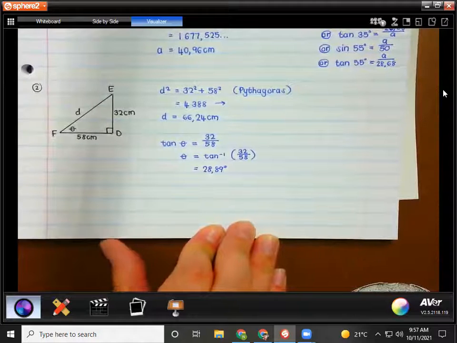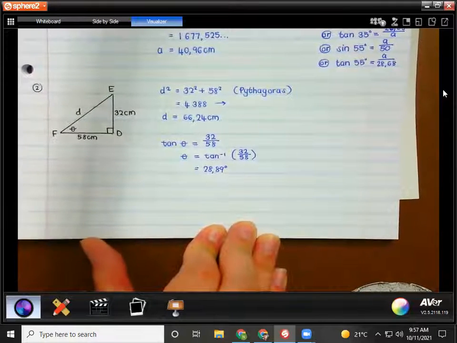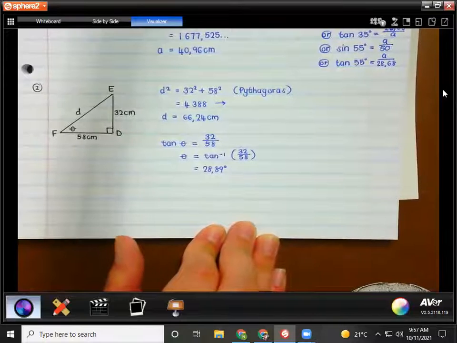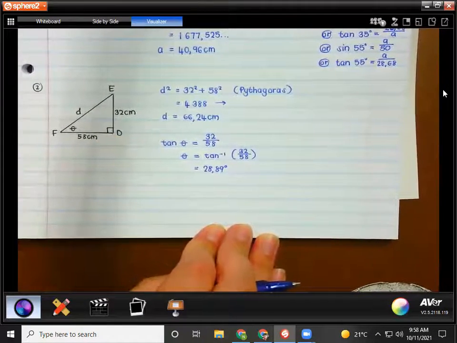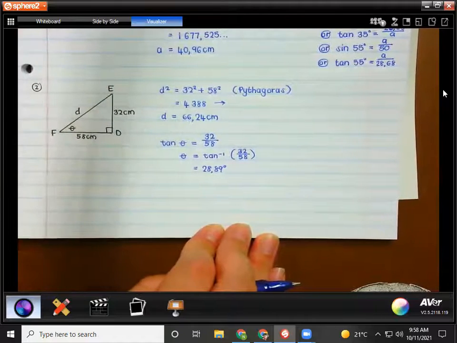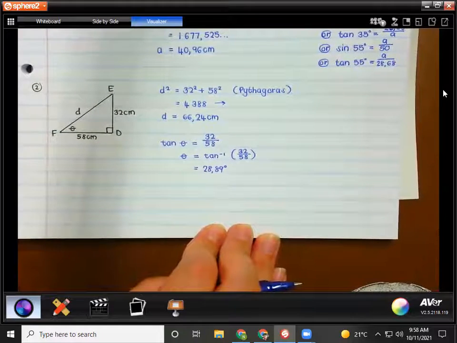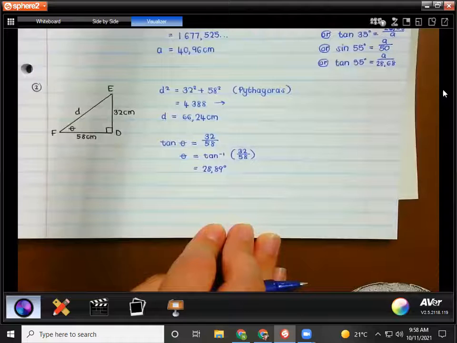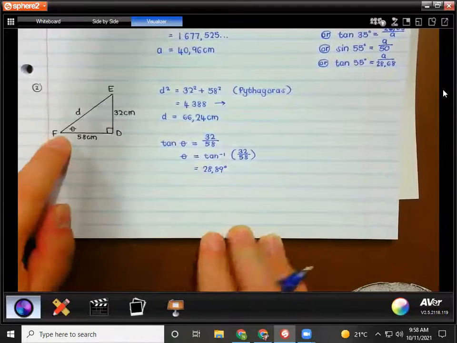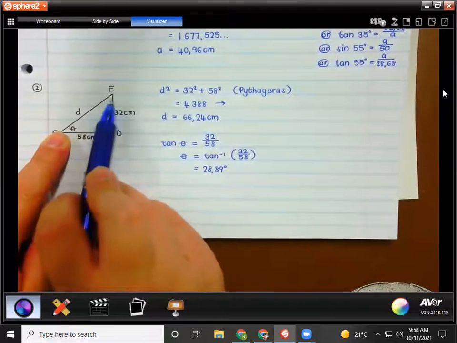All right, so that is how you find an angle in a right angle triangle if you don't have other angles. Okay, we only have the 90-degree angle, but that's not going to help me. I needed to actually have that second angle in order to do 180 minus. Okay, so the other option is then to use sine, cos, or tan, depending on the sides that you have, and to then find that angle. Now, guys, if I know that theta is 28.89 and I have that 90, how can I get angle E?